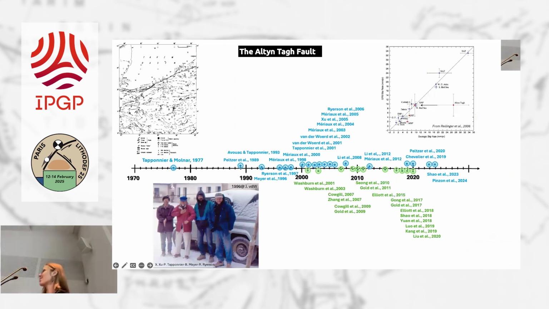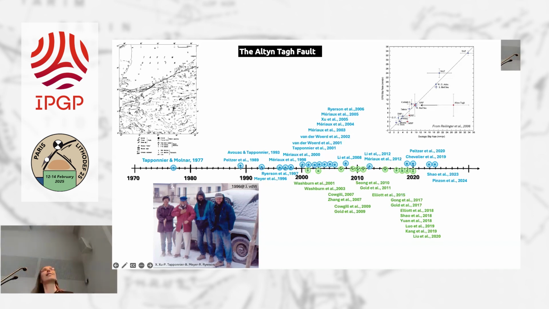Speaking about the debates, I think the Altyn Tagh is really the famous fault where they have many debates about the slip rates. When I was a student, I was really impressed by the number of papers and all the discussion in the papers. And every time I'm always telling my students, you have to read these papers.